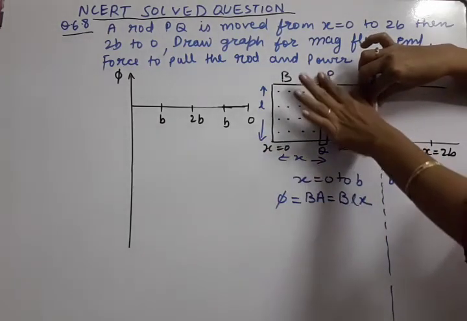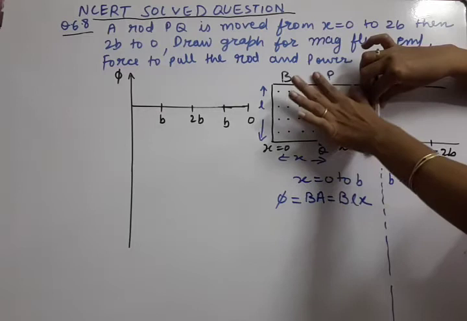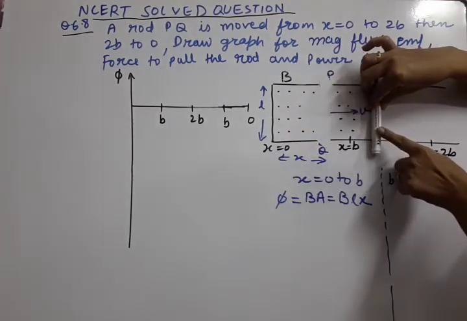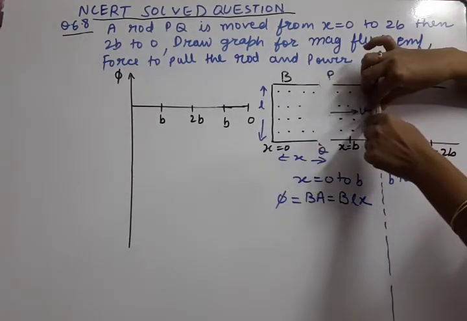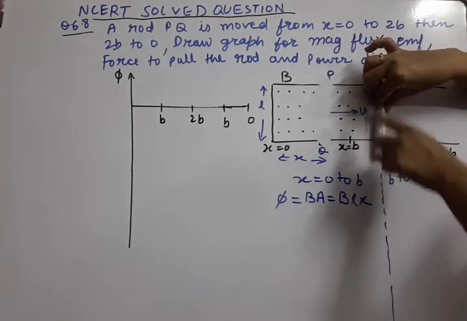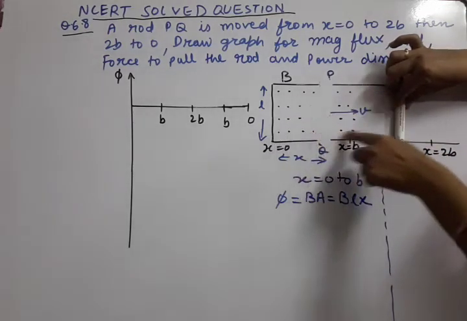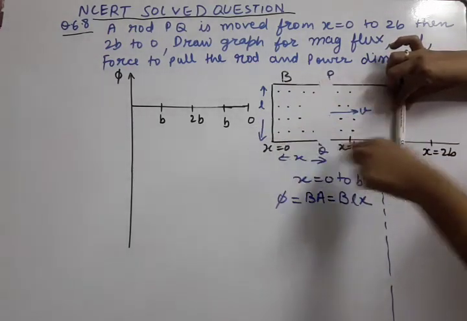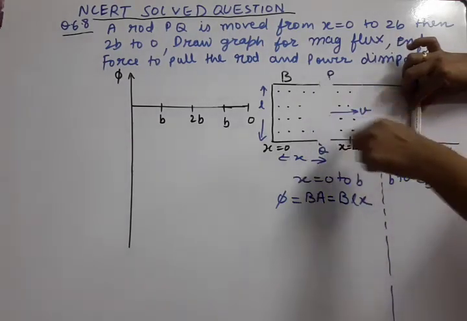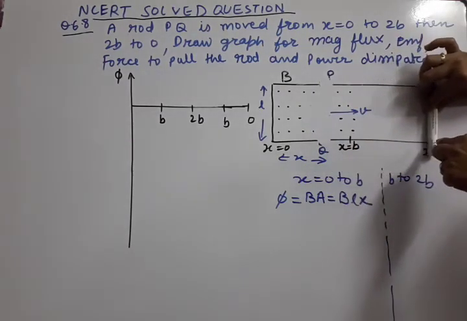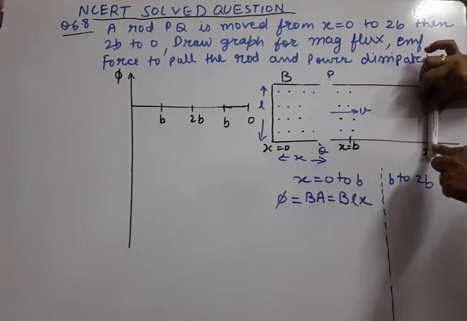Okay, now forget this picture, this is not there. Now the rod is still here. So whatever number of field lines were there, all are crossing this area. Whether the rod comes here or here, the same number of field lines are crossing this area. In the same manner, till it reaches 2b, the same number of field lines are crossing it.